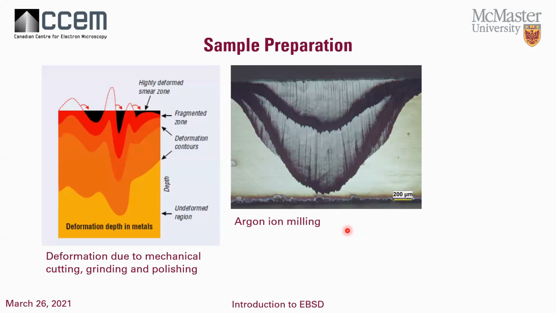Now, when we're talking about sample preparation, one of the biggest problems that people run into is they don't actually remove all the deformation damage in the preparation. So we end up seeing either poor patterns or actually no patterns because of the damage to the surface that's still present.